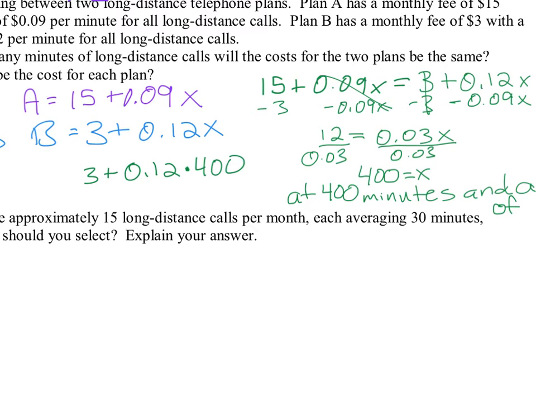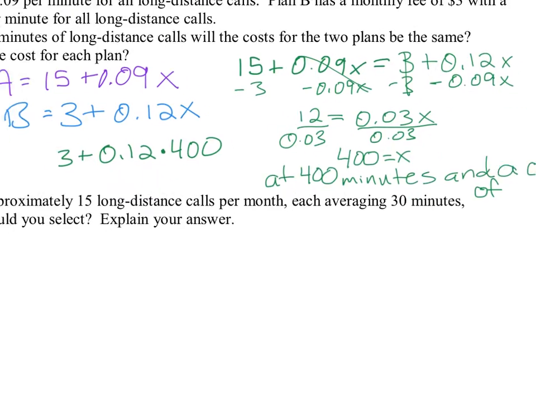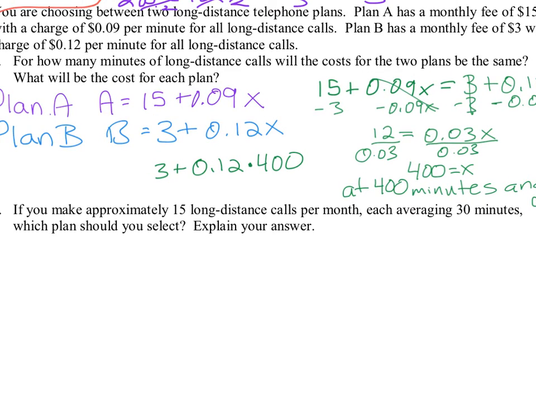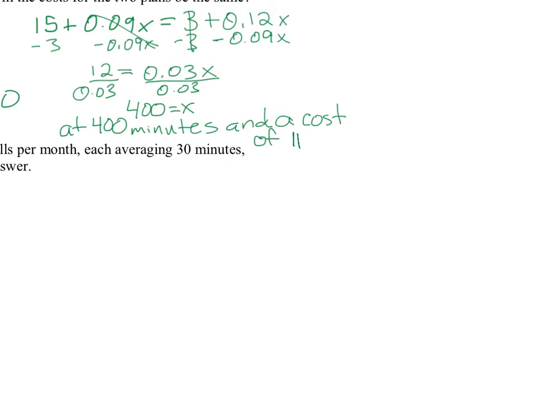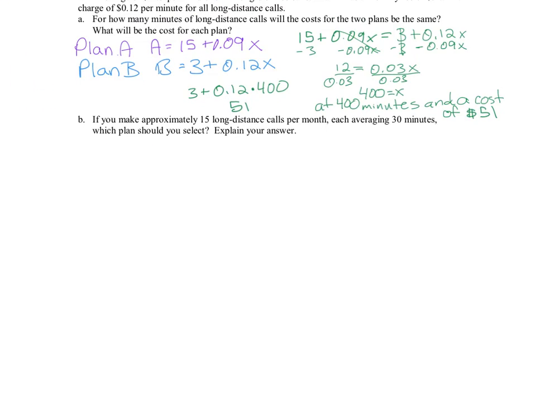I'm going to type this exactly as it is in my calculator. 3 plus 0.12 times 400. I get 51. So the cost is $51. So that's where it breaks even.